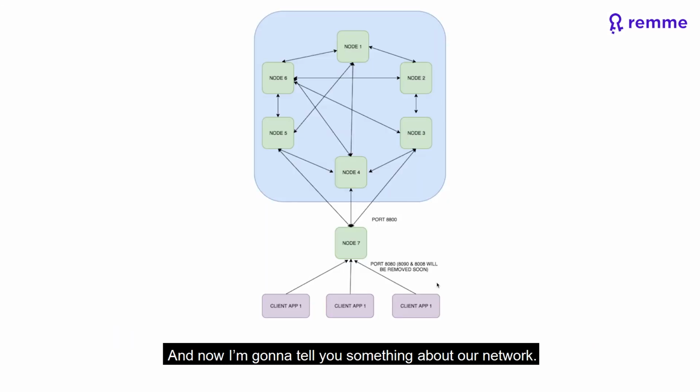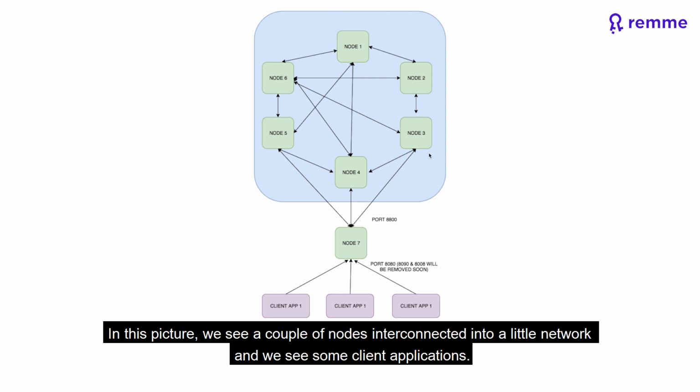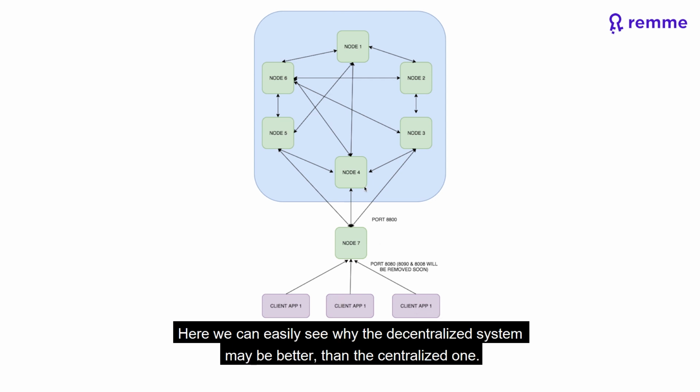And now I'm gonna tell you something about our network. In this picture we see a couple of nodes interconnected into a little network, and we see some client applications. Here we can easily see why the decentralized system may be better than a centralized one.